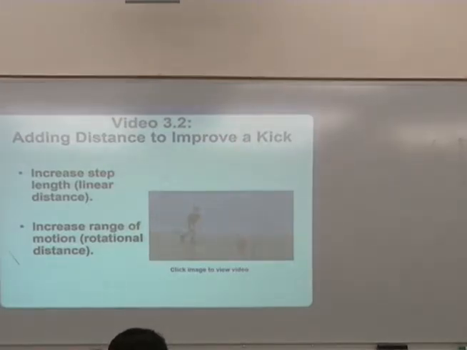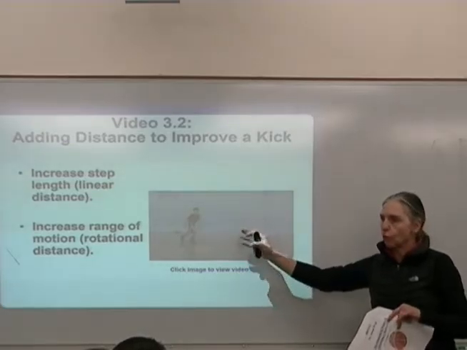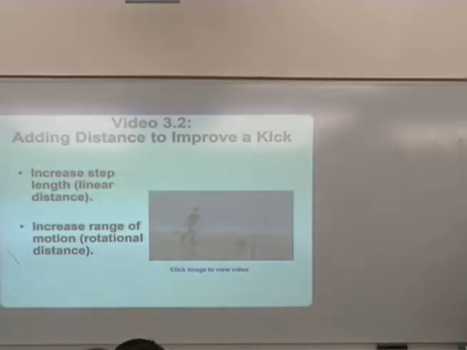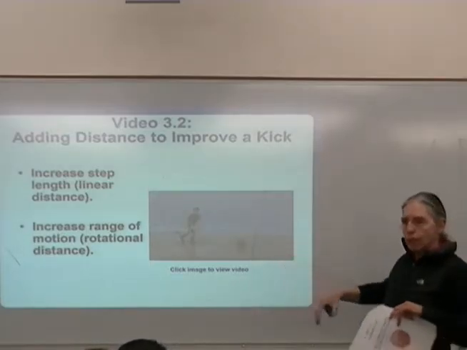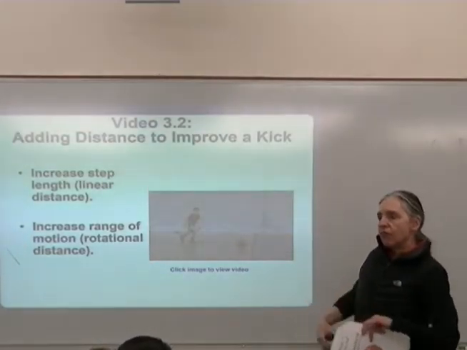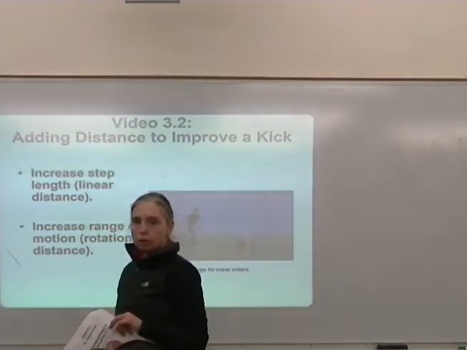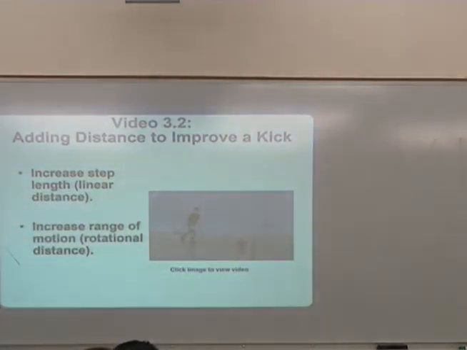If I'm less flexible, that might impact how much force I can apply to the ball. So flexibility is an individual constraint that might play a role. What else might stop me moving my leg through a big range of motion as I get older? Not just flexibility of my hamstrings.